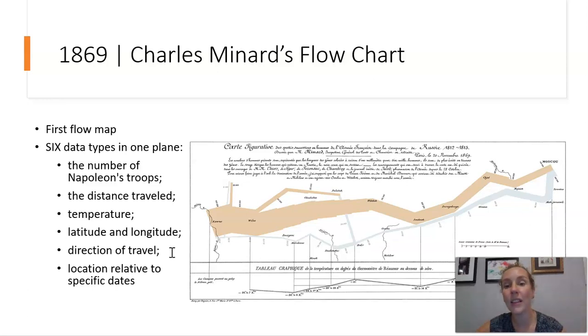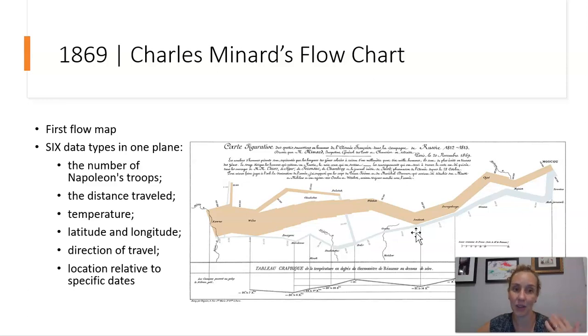But what we're looking at is the number of Napoleon's troops. Napoleon's name is never mentioned on this entire chart, right? So we see a lot of troops, very, very few troops, almost no troops. He's also showing location: latitude and longitude and where they traveled to.